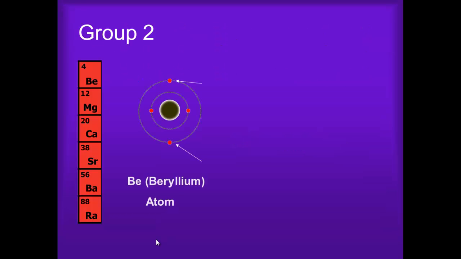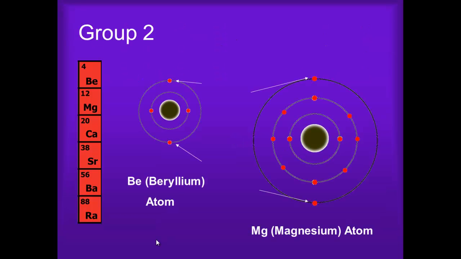So an example of this is in group 2, we have beryllium, which is element number 4, and then magnesium, which is element number 12. And you'll notice we're using the Bohr model to represent the locations of these electrons instead of the electron cloud model, but the Bohr model serves a better purpose here for understanding where these electrons are in terms of their shell or principal energy level.